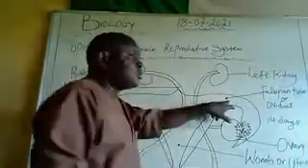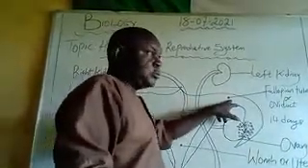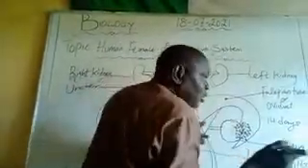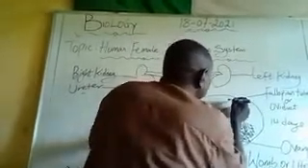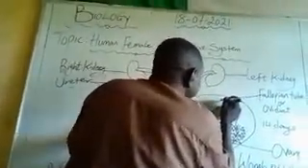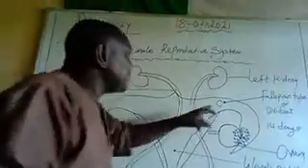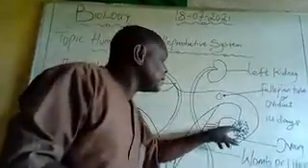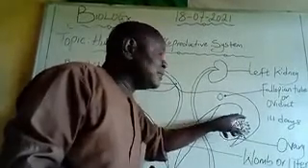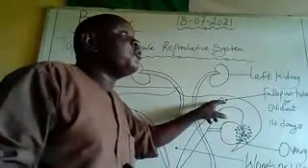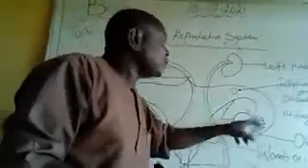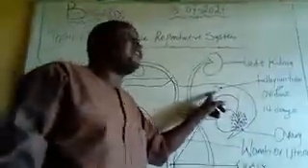Here, fertilization takes place in the fallopian tube. Let us, for instance, say this is an egg being released. This egg will remain here after its release for 28 days. 14 days plus another 14 days becomes 28 days.